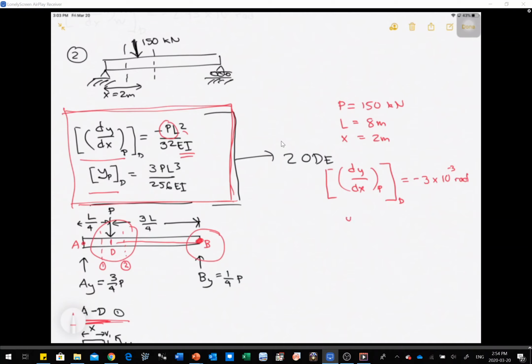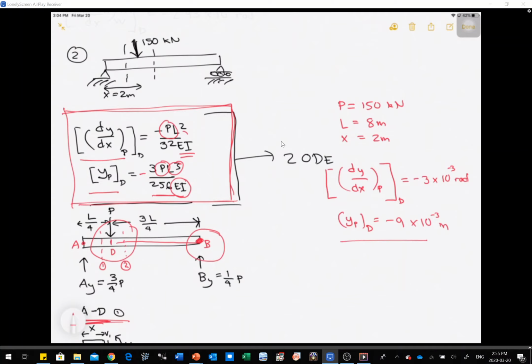Now for deflection, which is yp, caused by your concentrated load at point D, that's equal to negative, that should be negative, I think. That's negative 3 PL squared over 256 EI. We're going to substitute 100 right here. We have our P, we have our L. And then eventually what you will get here is negative 9 times 10 to the negative 3 meters.